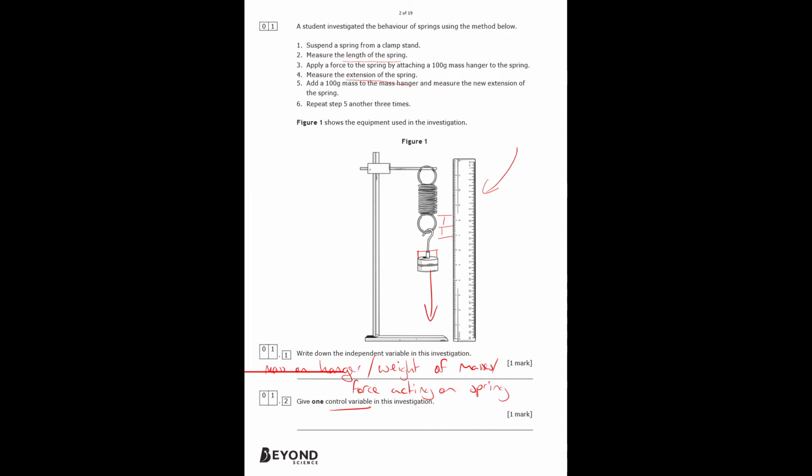All other things that could affect this must be kept the same. So for this, although it's a slightly shabby answer, you could say same spring used. I think the best one, though, for this would be we must measure between the same points on the spring.